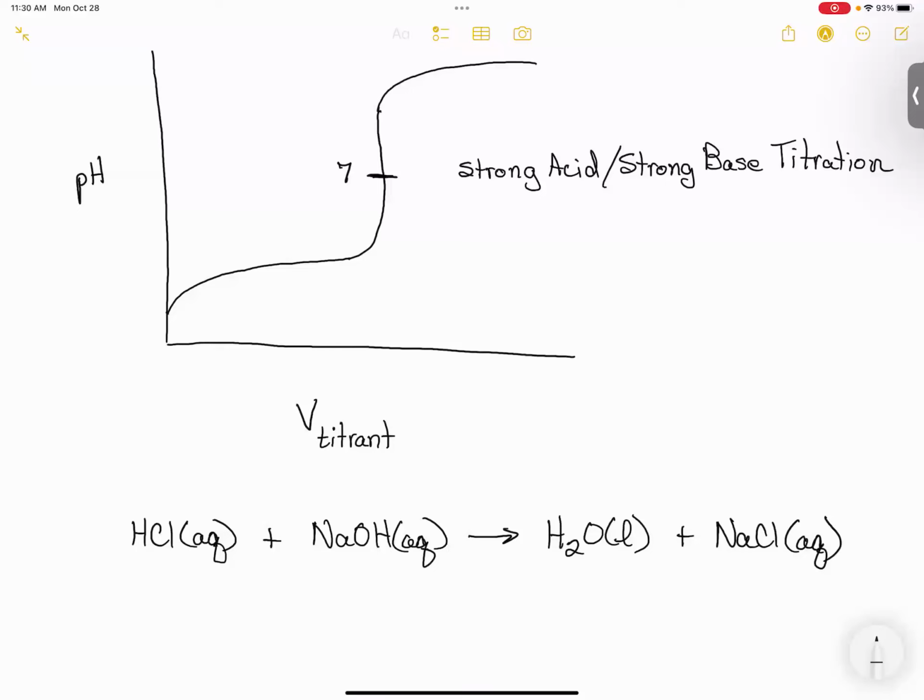Now, at the equivalence point, remember what I said: that is the point where every single bit of the acid is used up by base.